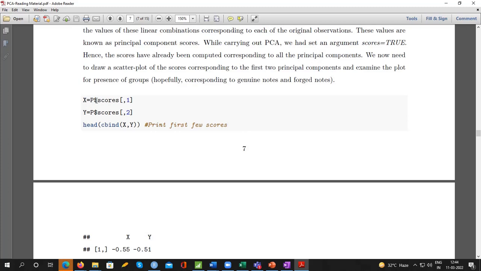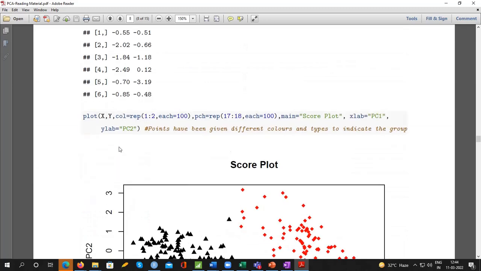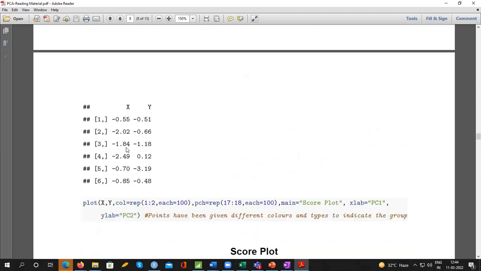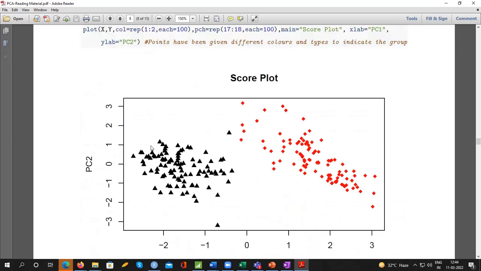While giving the princomp command, we had given scores equal to true, so we automatically get scores by this $scores. We want to focus only on the first two. We want to draw a bivariate plot, so we take the first column and second column of the score matrix, and then we draw a plot.